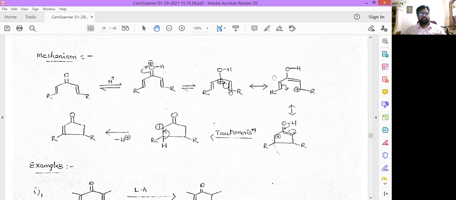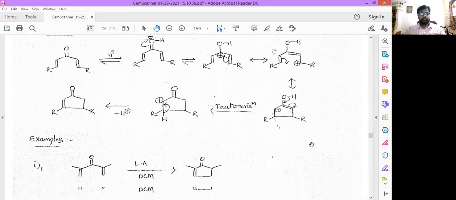The alkyl substituted alkene carbon at the center will bear the positive charge. To satisfy that, the adjacent carbon-carbon double bond will come in between the positive charge and the previously double bonded position. Like this, the bond moves and the carbon-carbon single bond will form.